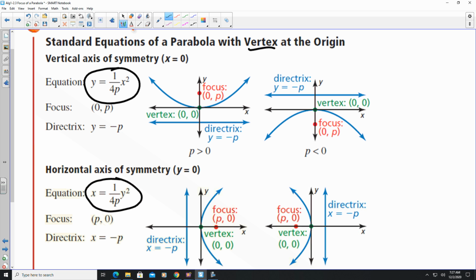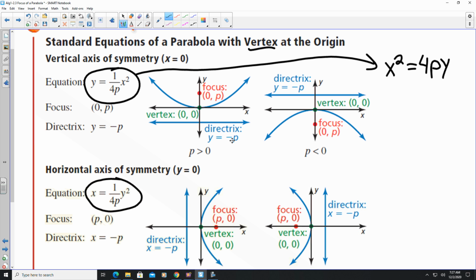Now, in my opinion, I normally like to isolate the variable that's squared. You don't have to do this if you don't want to. So in my personal opinion, I prefer to write this equation as x squared is equal to 4py.